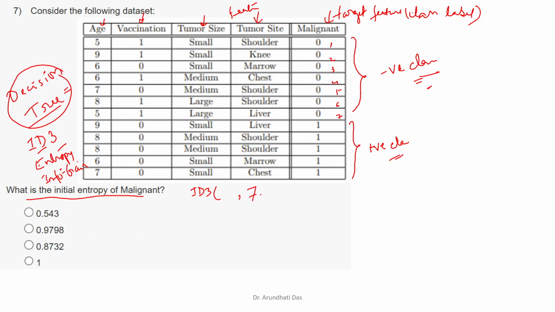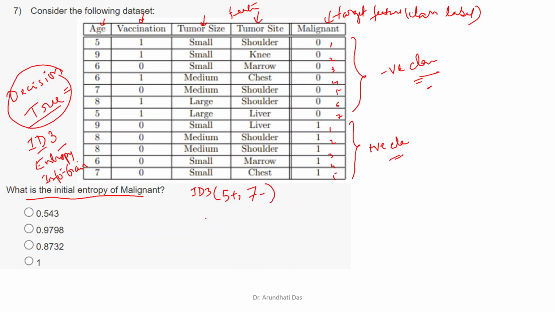There are 7 negative data points, and 1 2 3 4 5, there are 5 positive data points, right? Data points whose class labels are positive and data points whose class labels are negative.